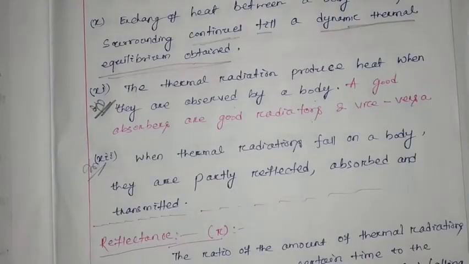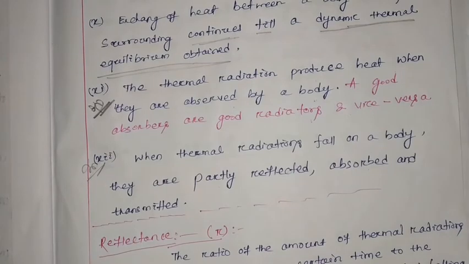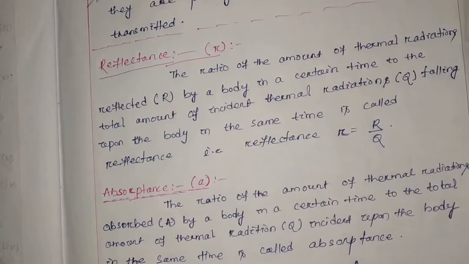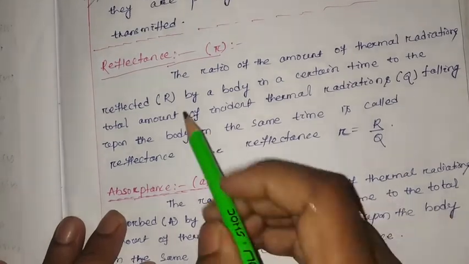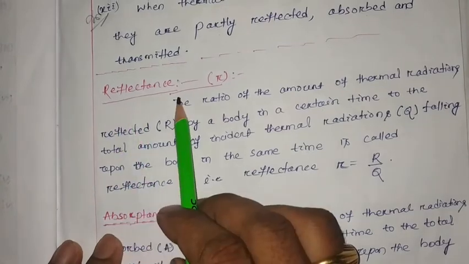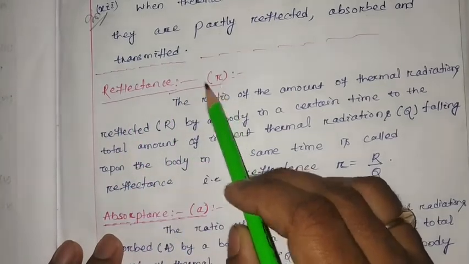Here the same thing has been written on the basis of the definitions. Now we are going to consider reflectance, represented by small r.